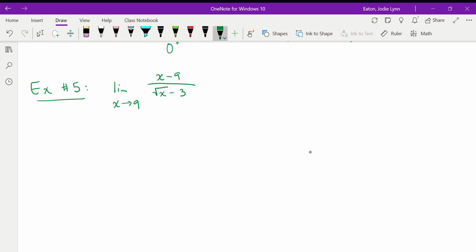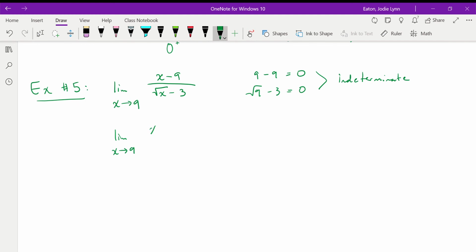So when I plug in 9, I get 9 minus 9 equals 0, and radical 9 minus 3 also equals 0. So I get a 0 over 0, so this is indeterminate. Notice I don't write it's equal to 0 over 0 because we don't know what 0 over 0 is either. So first thing I'm going to do, limit as x approaches 9.